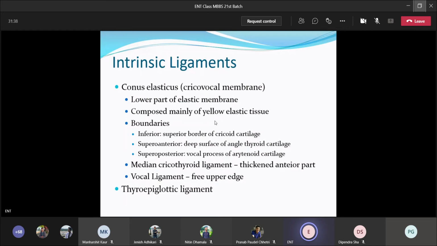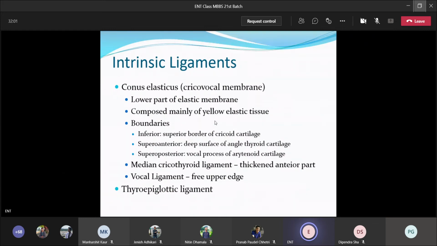The median cricothyroid ligament is the thickened anterior part, the vocal ligament is the free upper edge, and there is the thyroepiglottic ligament. So this is the intrinsic ligament, conus elasticus, and thyroepiglottic ligament.